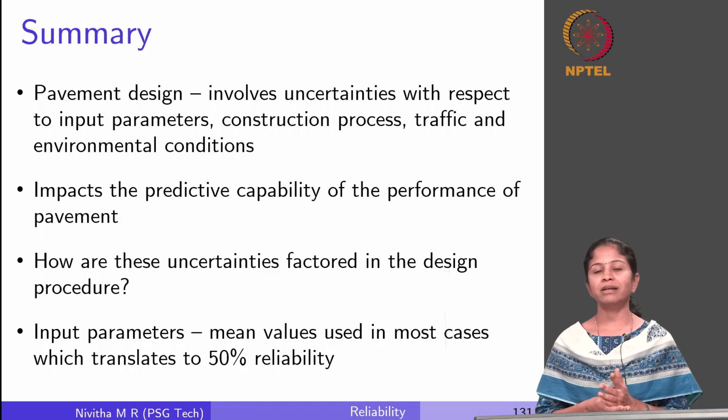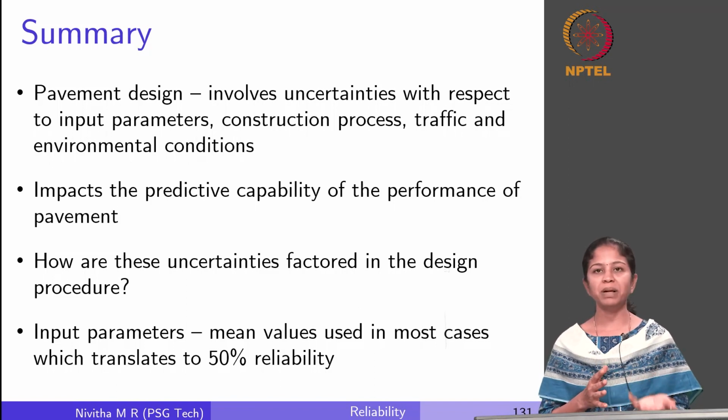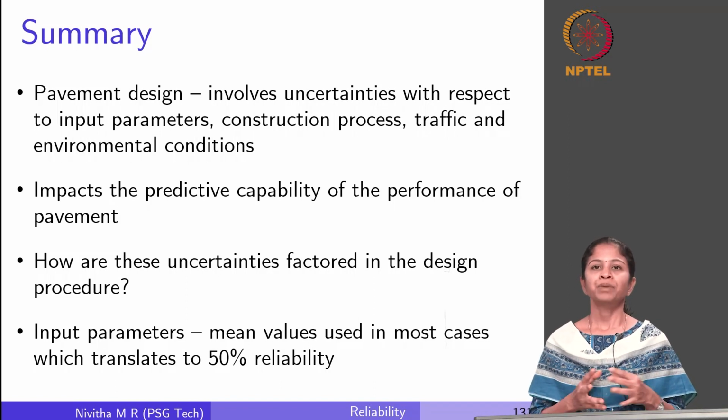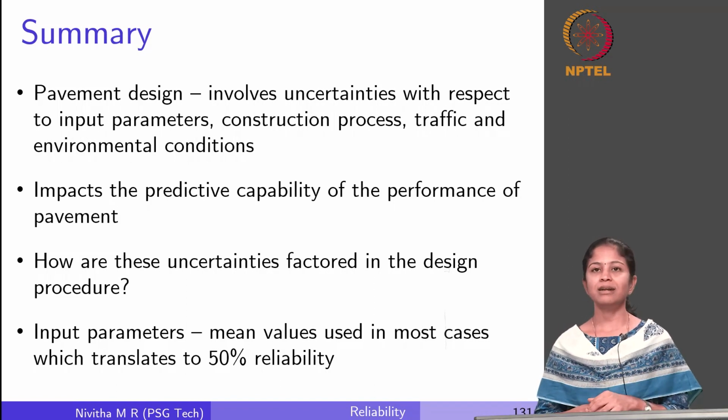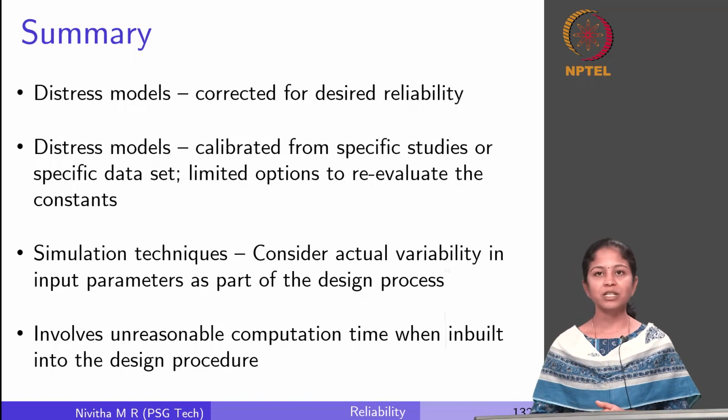So the input parameters are the ones which are more commonly discussed here. The input parameter variability is quantified and represented using a mean and a standard deviation or a coefficient of variation value. Since this data could be collected, or the typical variability observed in the field from other locations can be used, more often this is considered in the design procedure. Then we have distress models which are corrected for reliability.